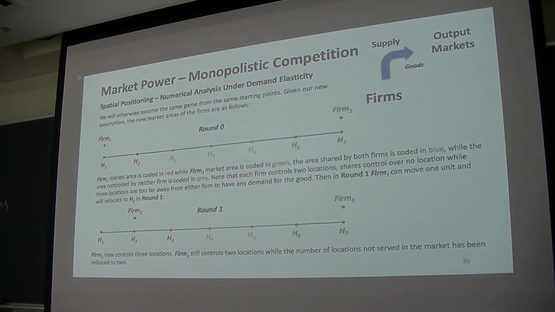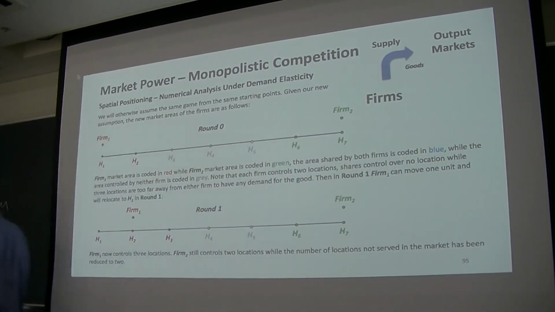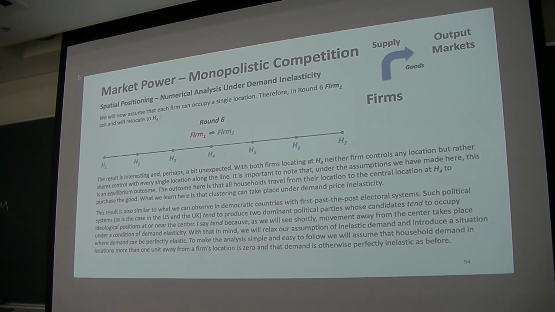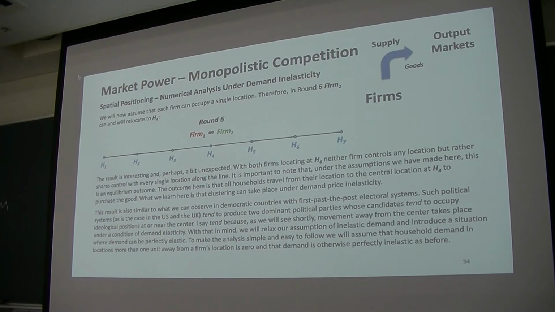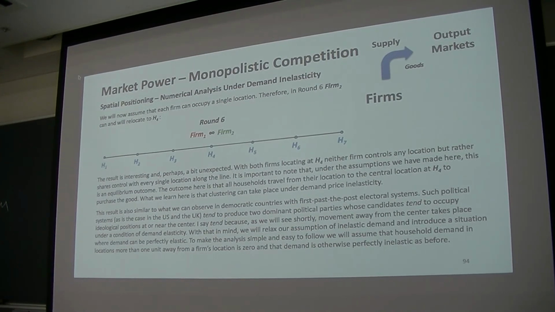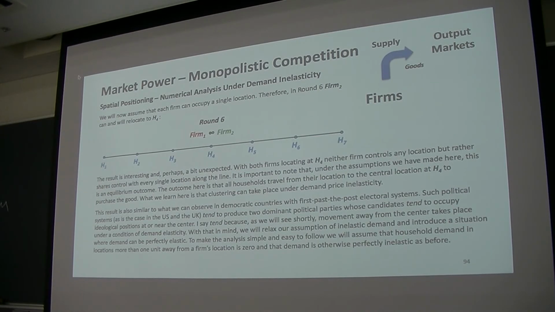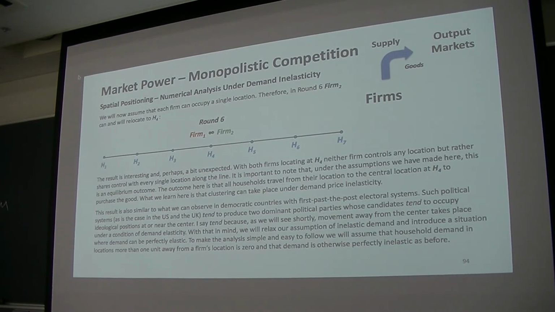Let's see. Did I put that assumption? Oh, let me go back here. Make sure I have this assumption here. We'll assume that household demand in locations more than 1 unit away is 0.